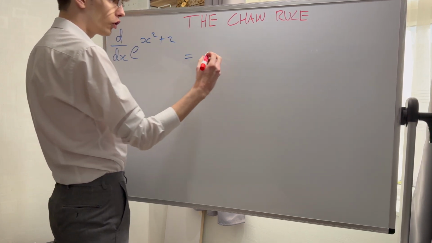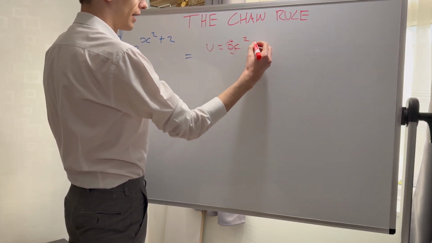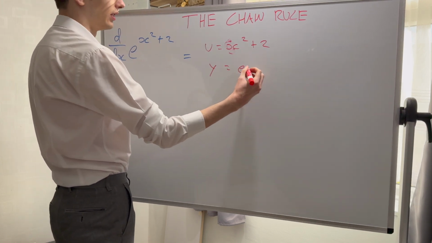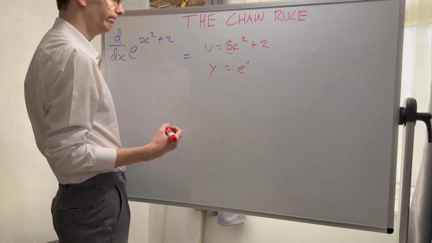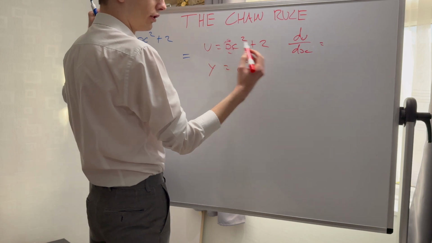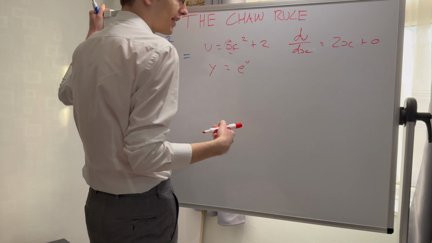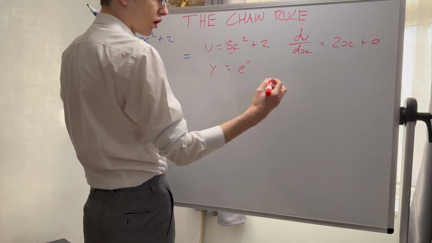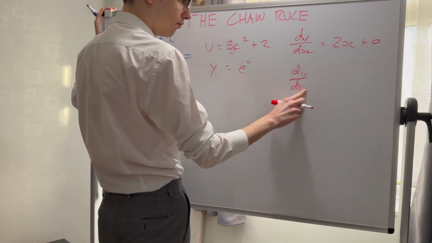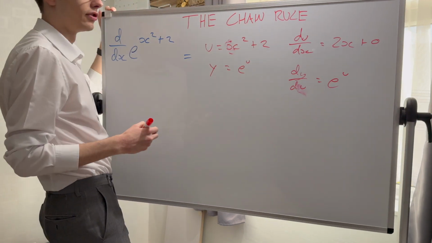But I've got a function u, which is x squared plus 2. And I've got my function y equals e to the u. Differentiate u with respect to x will give me 2x plus nothing, just 2x. And differentiating this, dy du, that will just give us e to the u, because obviously e doesn't change.